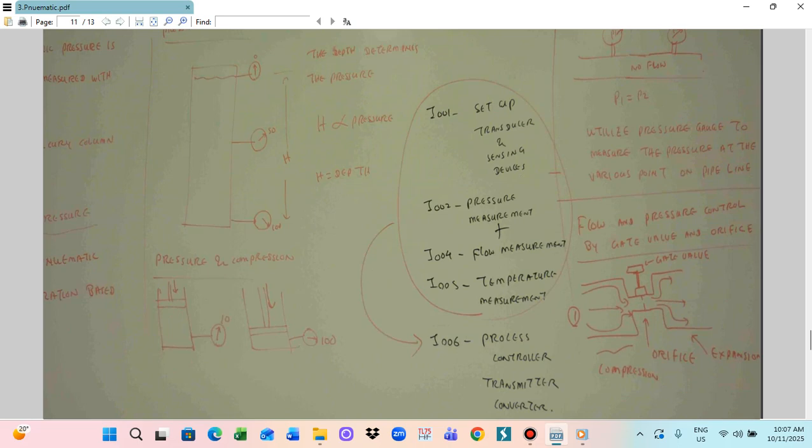Then the piston position changes to this position, so this pressure will be 100 like this. So this is more compression and more pressure. So pressure depends on the height and also on the compression.